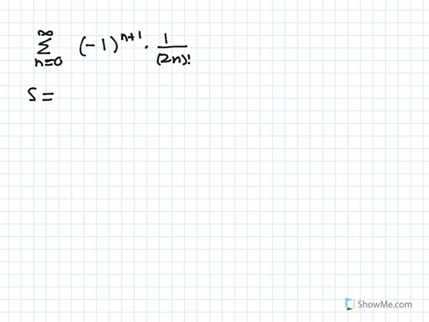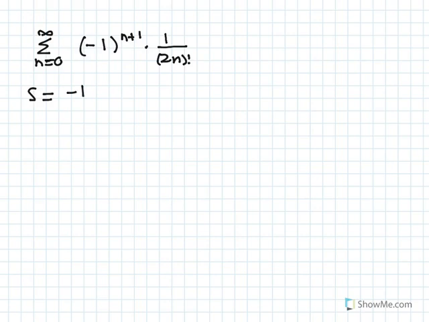Now let's expand the series, the summation from n equals 0 to infinity of negative 1 to the n plus 1 times 1 divided by 2n factorial. So S is equal to, plugging in n equals 0, we get negative 1 to the power of 0 plus 1, which is 1.